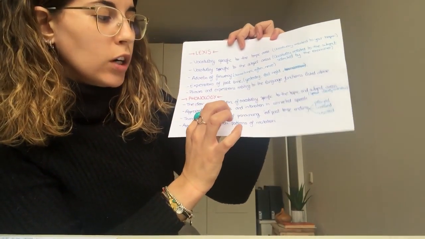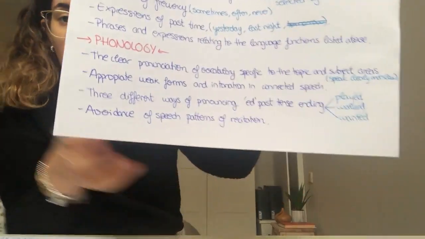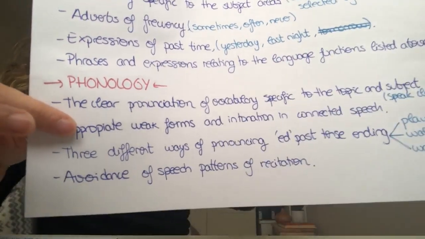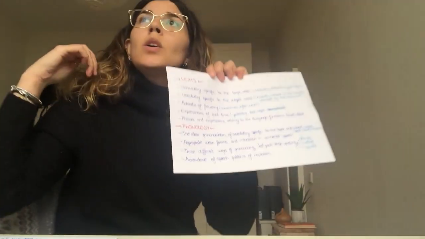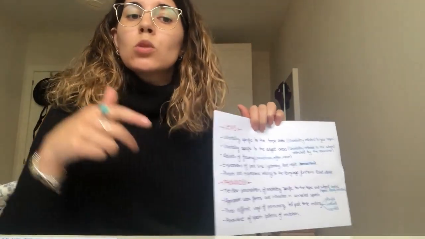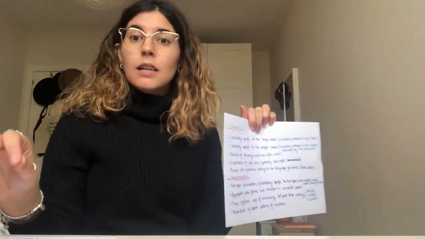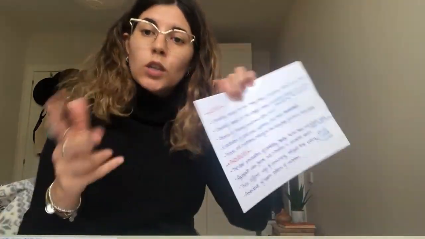Appropriate weak forms and intonation in connected speech. The intonation is really important. You need to use the right intonation when you're asking a question, when you are replying to a question, when you are saying an affirmative sentence, or if you're saying a negative sentence. So you need to use different intonations, okay?